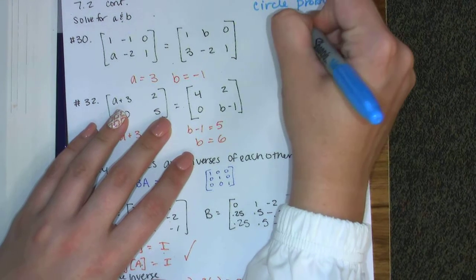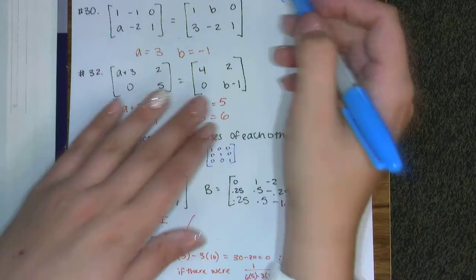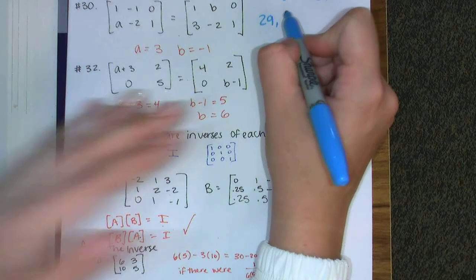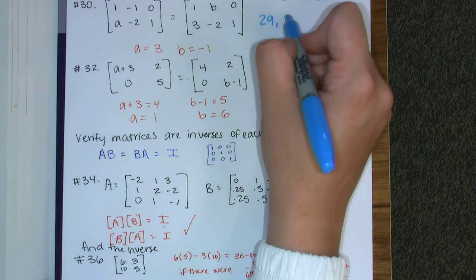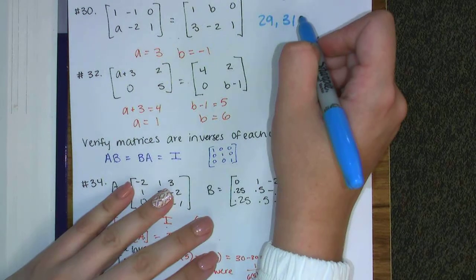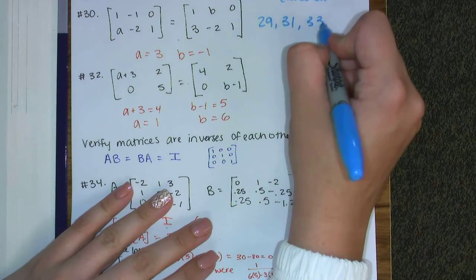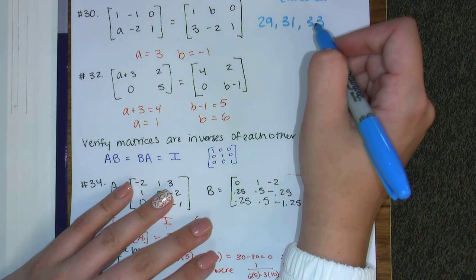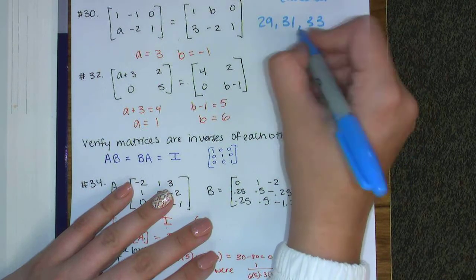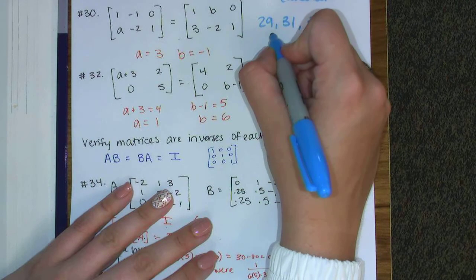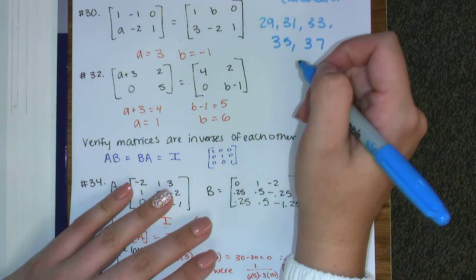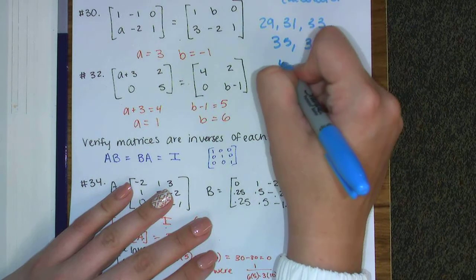All right, so we need to do 29, 31, 33, 35, 37, 41.